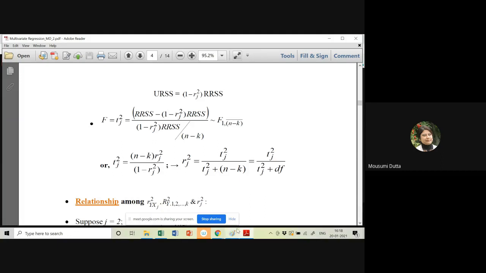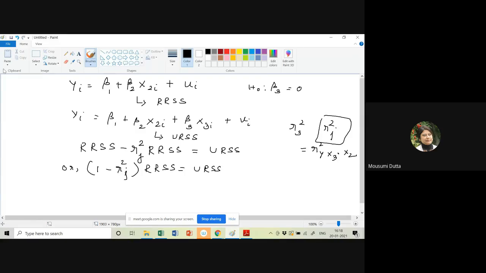Actually, from this idea, we can derive this kind of test statistic.